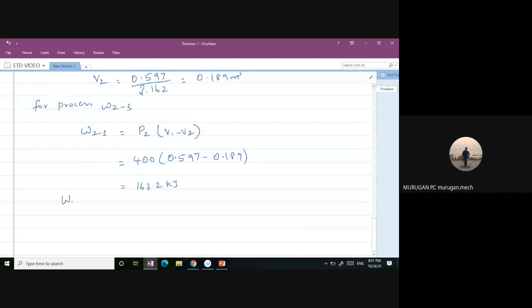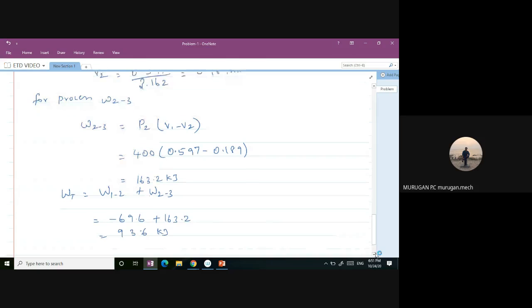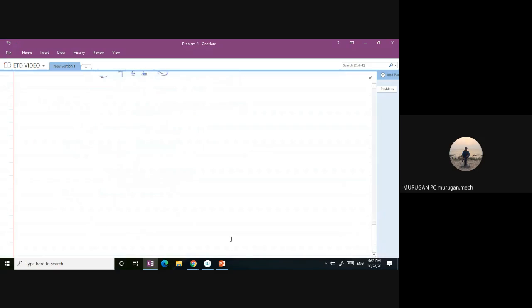In order to find the total work done for the process, we have to add the work done for process 1 to 2 and process 2 to 3. So the answer is minus 69.6 plus 163.2, that is 93.6 kilojoule.